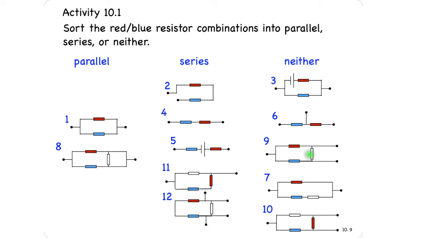But if that resistance is not 0, and we should assume it's not 0, then there's going to be current through it and some voltage difference. So there's going to be a different voltage on each side. So the white resistor does have an effect in the circuit. I was just asking about the other two.